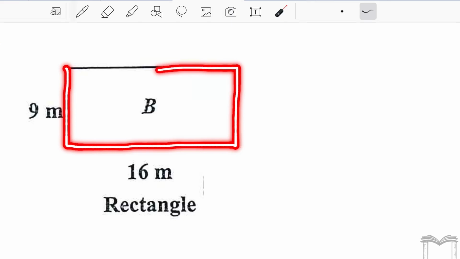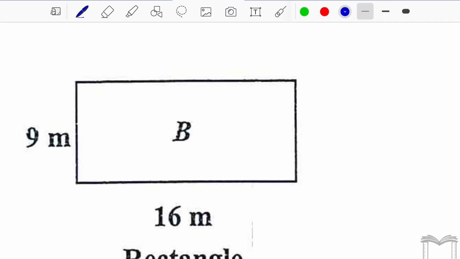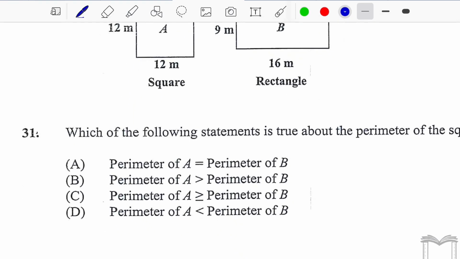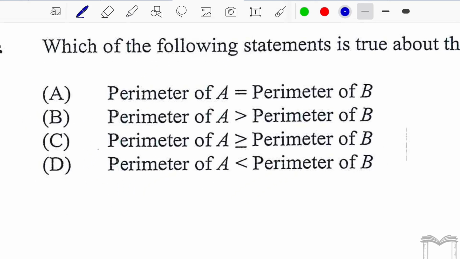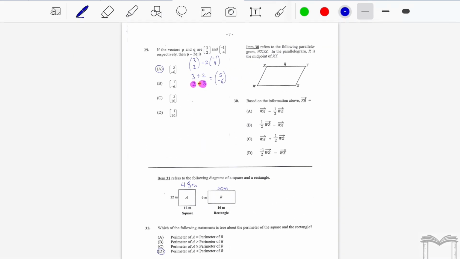And then the other two sides will also be 25. So that will be 25 and 25 is 50. So it's clear that the rectangle has a larger perimeter than the square. So the perimeter of A is less than the perimeter of B. So the answer is D.